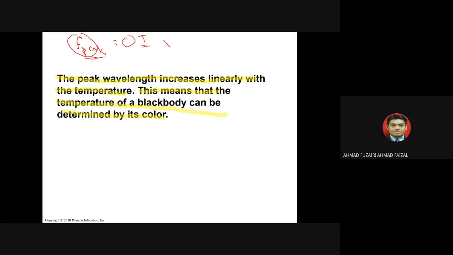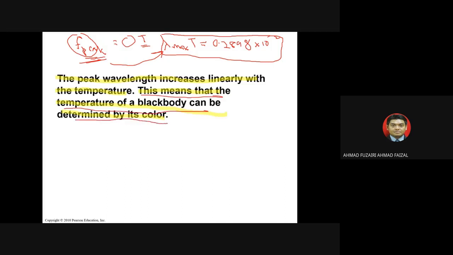Now you can write the equation as lambda max multiplied by temperature equals some constant which has the value 0.2898 multiplied by 10 to the power of minus 2. So this is also the Wien's displacement law equation. You just change the equation from f, now you're using lambda. And coming back to this statement, this means that the temperature of a black body can be determined by its color. So meaning that a certain color has a certain frequency.